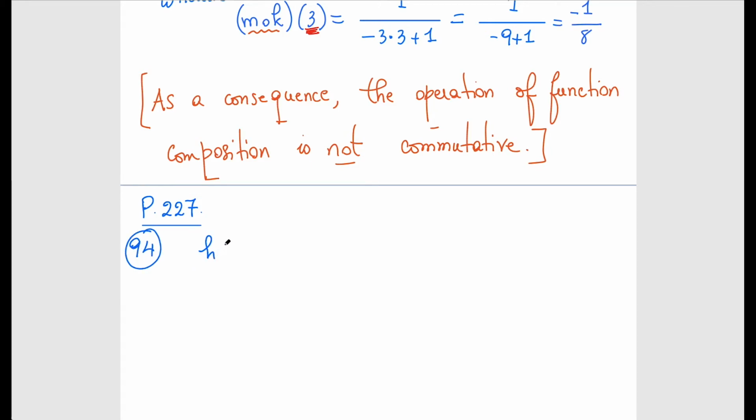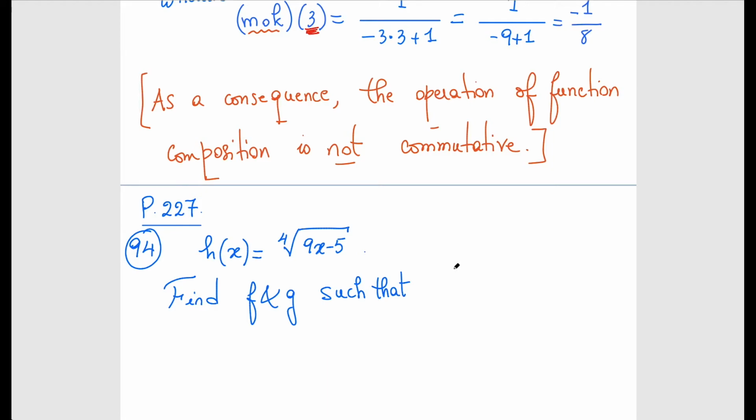So you have h of x equals the fourth root of 9x minus 5. And the idea is we need to find f and g so that if we compose them, we get back h, right?